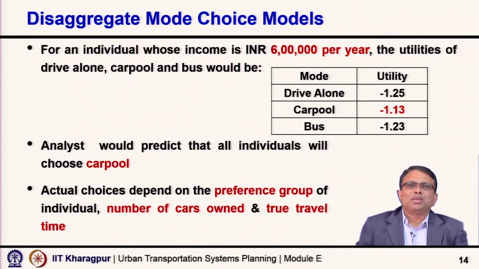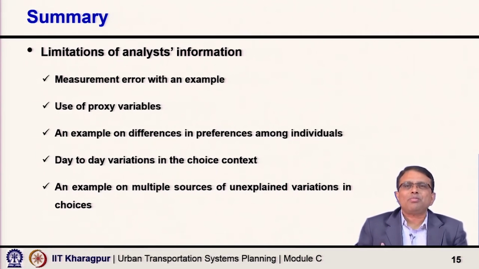And even if somebody comes and tells us, I give you all the data and everything correct, shall I start considering every variable and then build a model? There also my answer was no, I am only interested in including policy relevant variables in the model, not any junk variables. Anything which does not have any policy implication or operational implication is junk to me. So, our next step is a shift to the probabilistic disaggregate mode choice model.